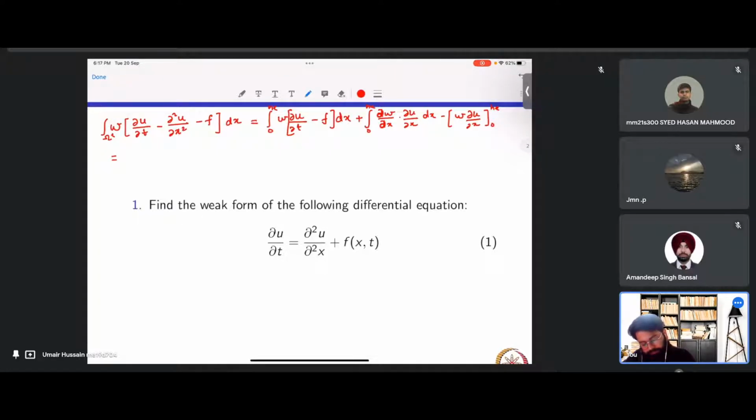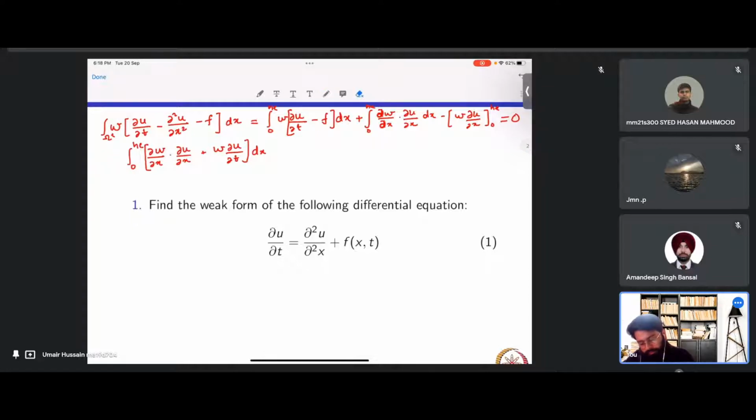So now we have, sorry, this whole thing is equated to 0.